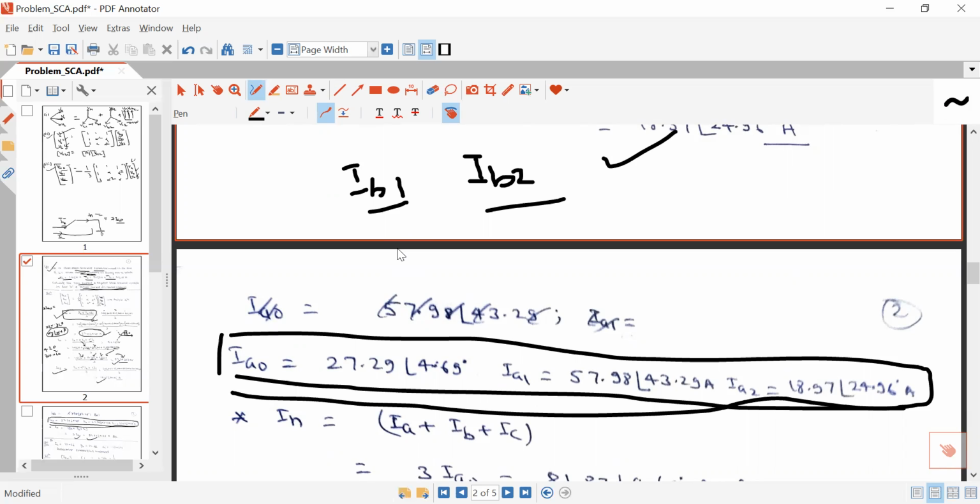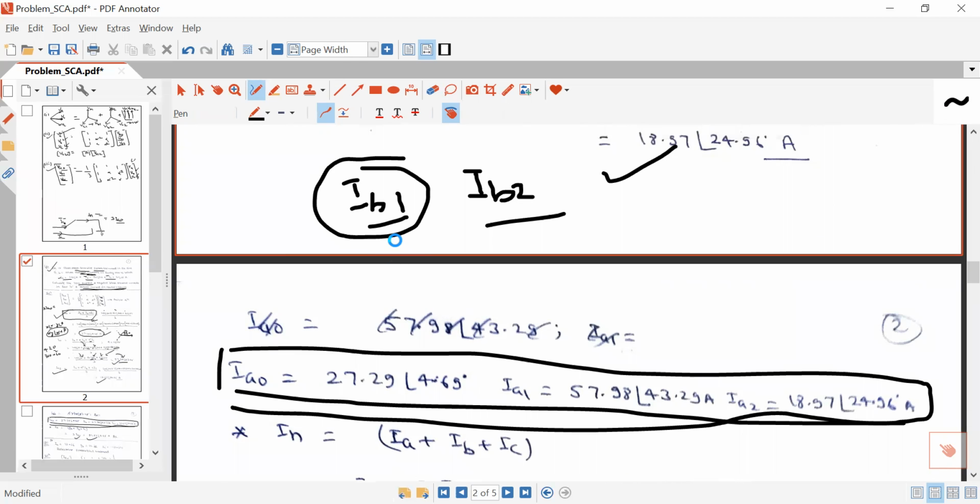There is no need to do the calculation once again. If the phase sequence components of any phasor are known, then from that information you can determine the phase sequence components of the other phasors. Suppose IA1 is known and the task is to calculate IB1. How will you calculate it?